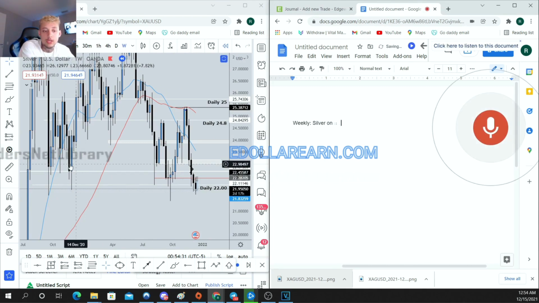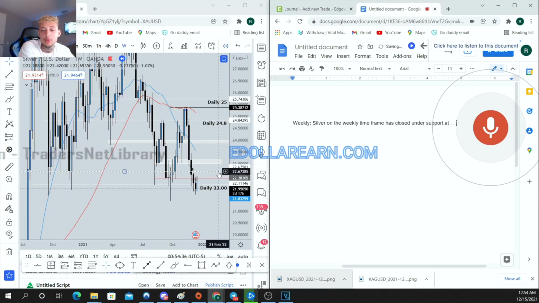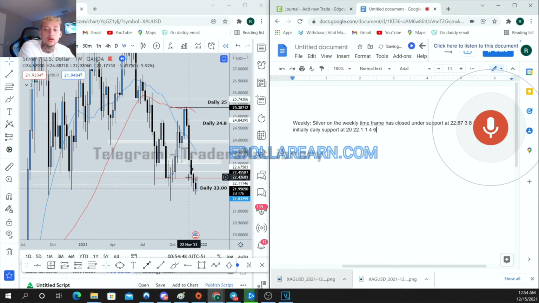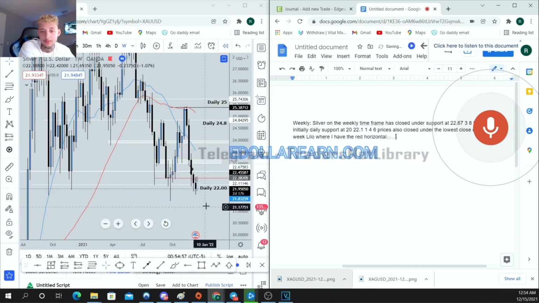Silver on the weekly time frame has closed under support at 22.67385 and rejected initially daily support at 22.1146. Price has also closed under the lowest close of the previous weekly low, where I have the red horizontal line.